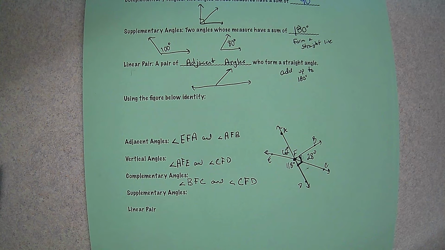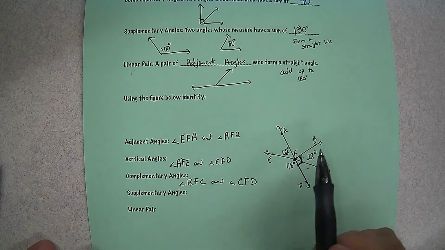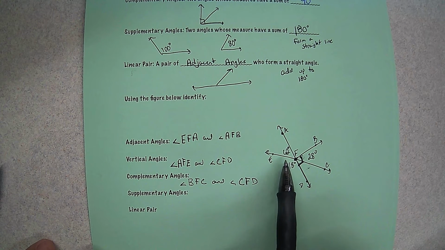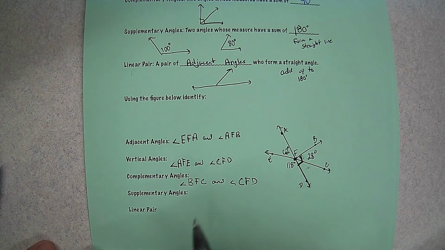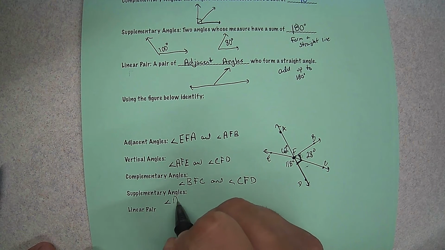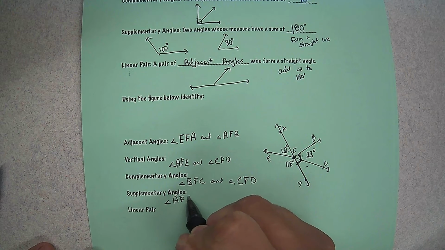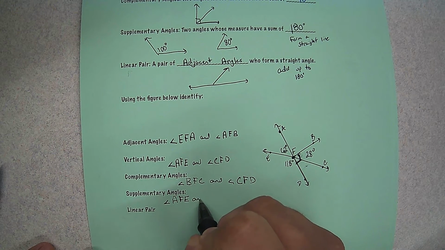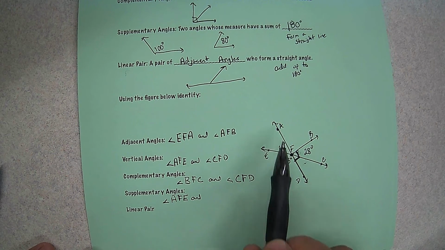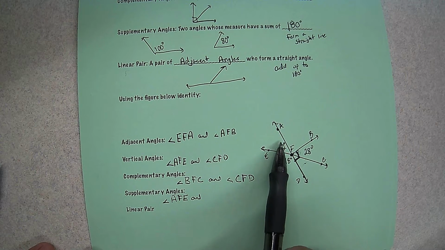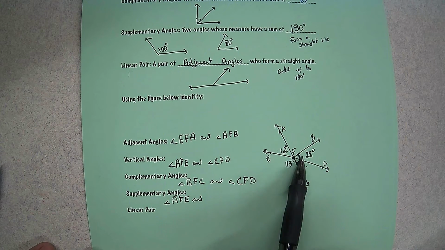Supplementary means that they add up to 180 degrees. I see a few of these along with linear pairs as well. So I might say angle AFE, and so AFE has to form 180 degrees, so it has to essentially be a linear pair.